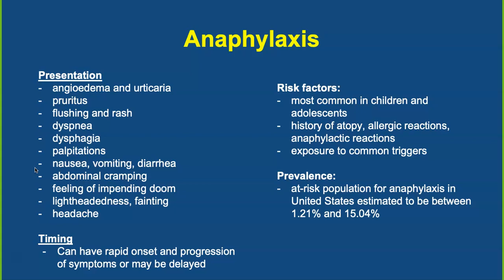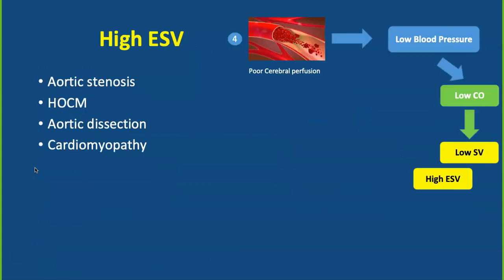So risk factors, it's most common in children and adolescents, patients with history of atopy or allergic reactions, and you want to ask about exposure to common triggers such as certain foods, shellfish, things like latex, peanuts, any kind of insect bites and stings you want to ask about. And the prevalence is estimated that anywhere from 1% to 15% of people in the United States are at risk for having anaphylaxis.